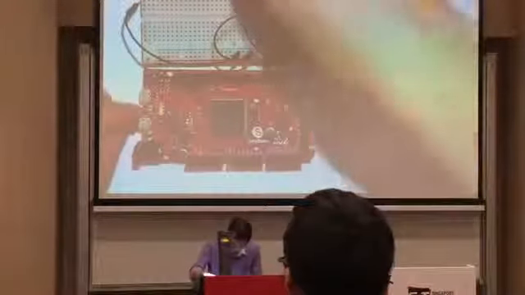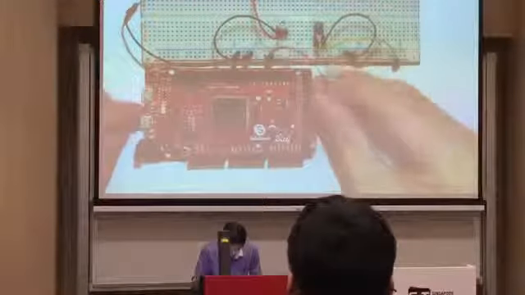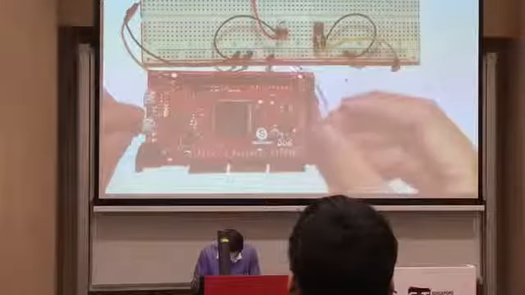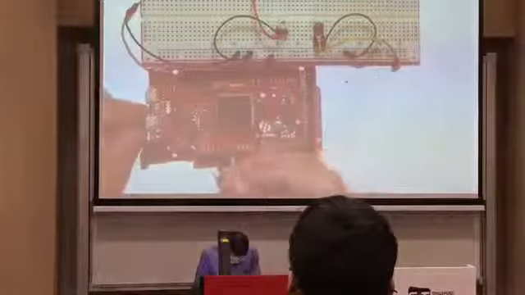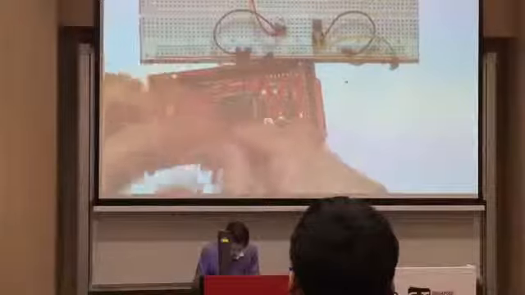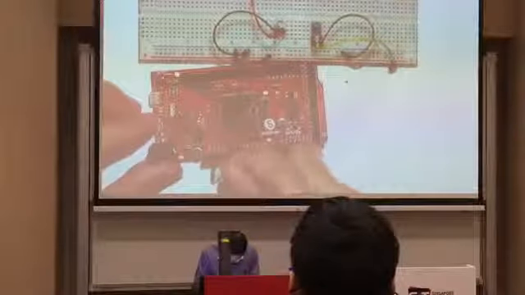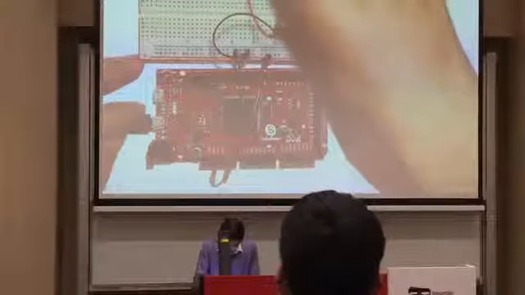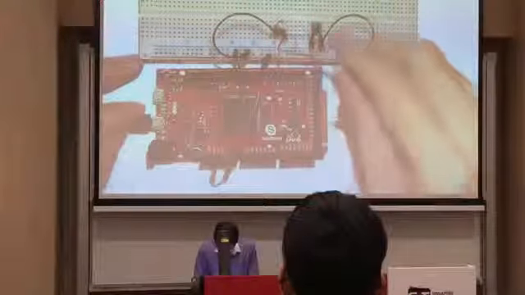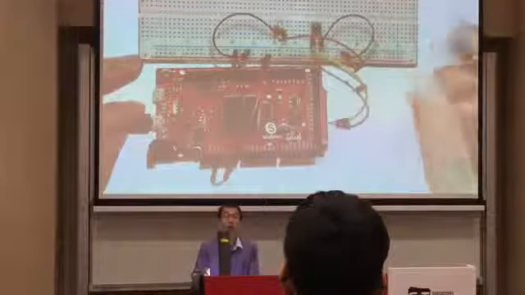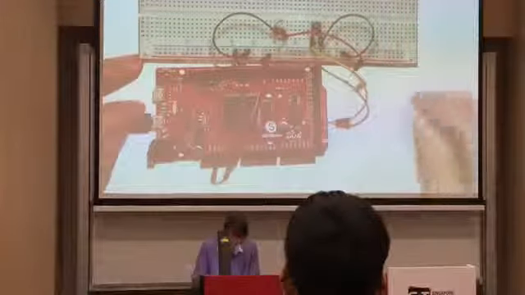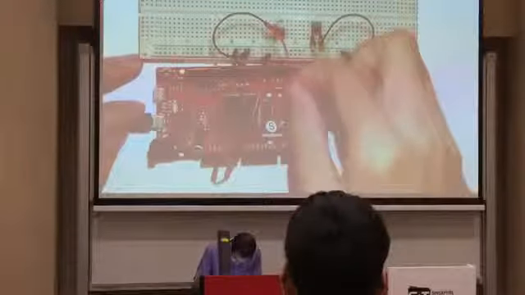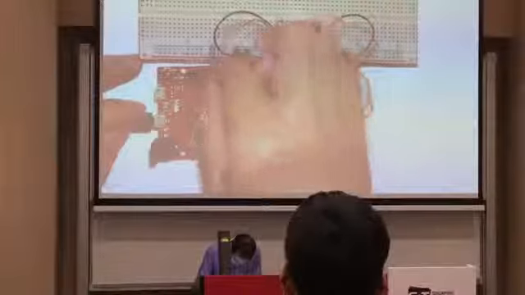The red wire I reserve for 3.3 volts, the black wire I reserve for the ground. For the LED I use pin 10, so I just need to connect this wire to pin 10 here.